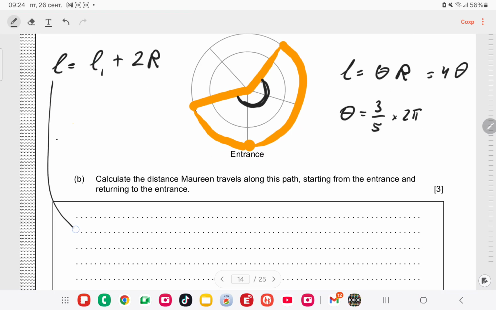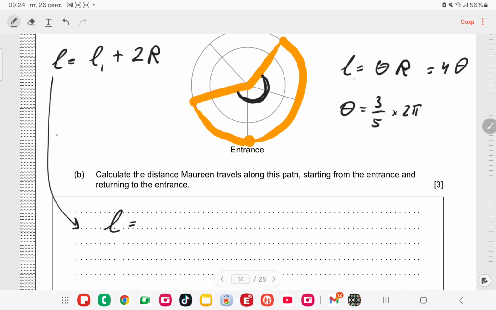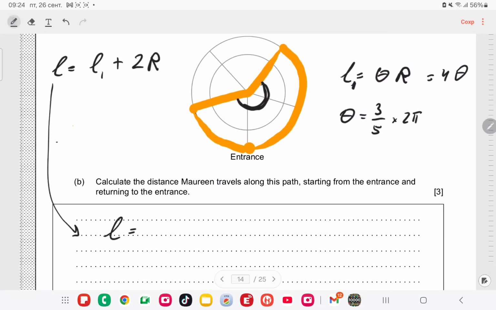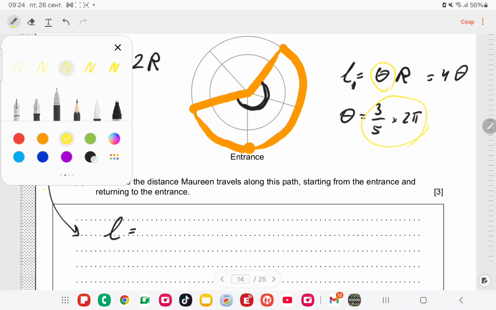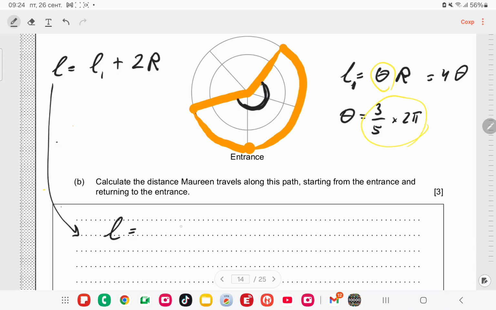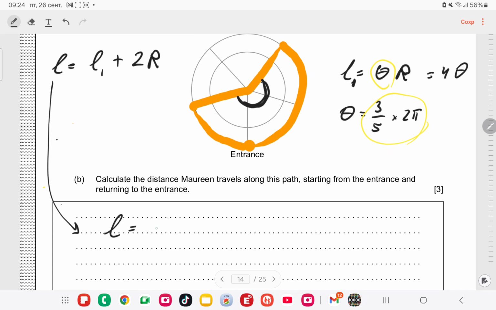Now let's combine all together. So now I will continue here. L is equal to L1. By the way, it is L1. I didn't underline it. Hope it's not confusing for you. So L1 is this one. So this is the theta value, and L1 is 3 over 5 times 2 pi times r.